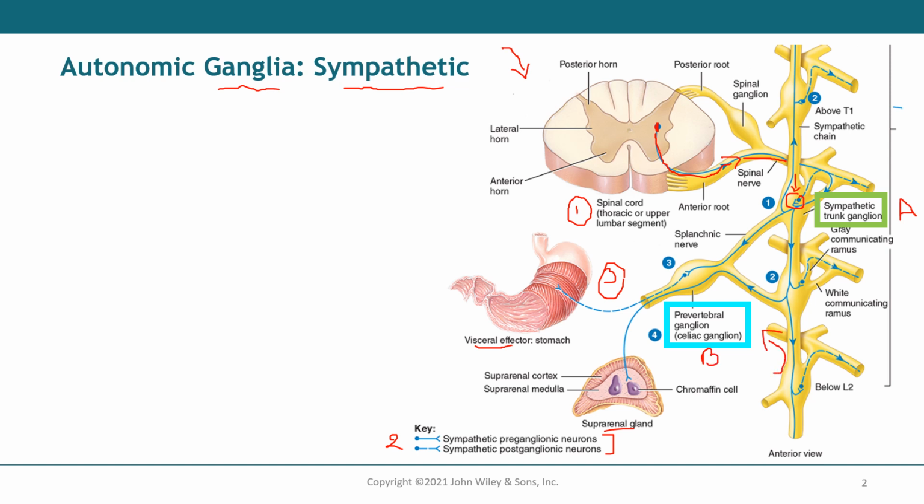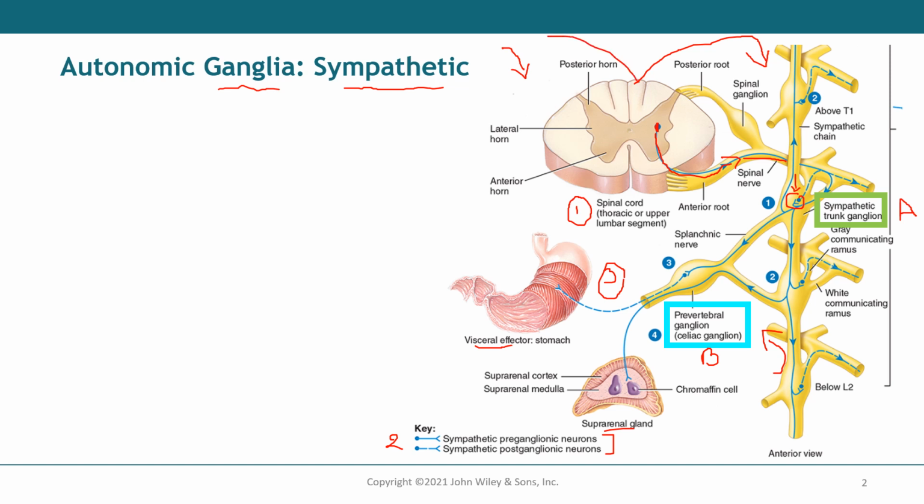Now let's talk about each one of these two. The sympathetic trunk ganglia, as you can see, is located here. It lies lateral to the spinal cord, to the vertebral column, and not only on one side.